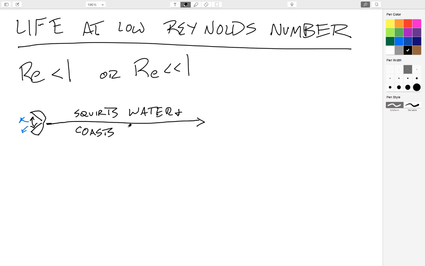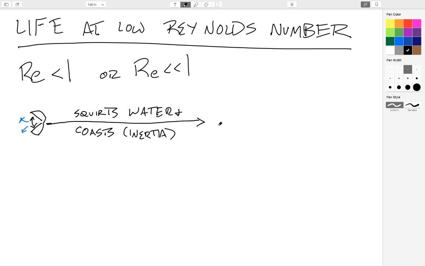So in the tea and milk example from the last video, when you stopped stirring and the water still moved around, this is sort of a similar phenomenon. There's still inertia. The scallop has inertia. So if you were to do a Reynolds number calculation on the scallop, it's an external flow, you would find that the Reynolds number is pretty low.